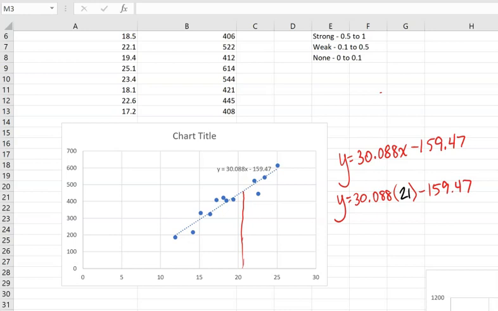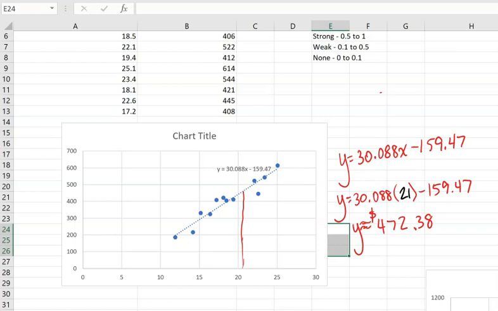This you can just plug into your calculator. If you plug this into your calculator, you should get that y is approximately, let's round to 2 decimal places, 472.38, and that would be dollars in our case.